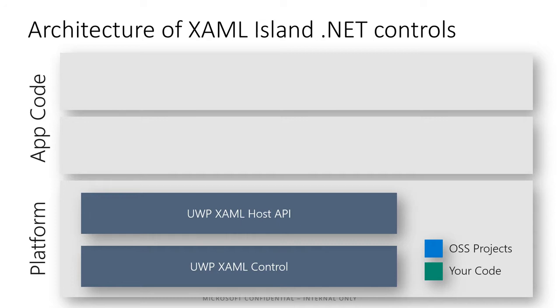So for now, it's only possible to use XAML Islands on version 1903, but Microsoft is working on extracting XAML Islands from the Windows platform and bringing that to the Windows UI NuGet package, okay? So in the next WinUI, version 3, it will be possible to consume XAML Islands in versions earlier than 1903, all right?